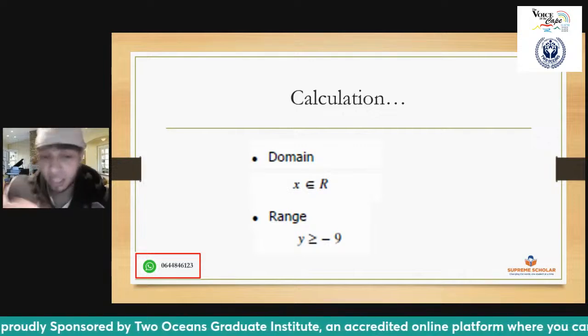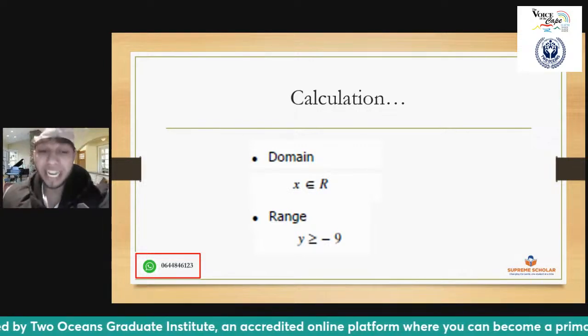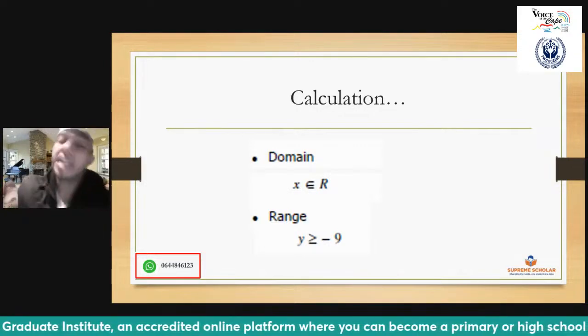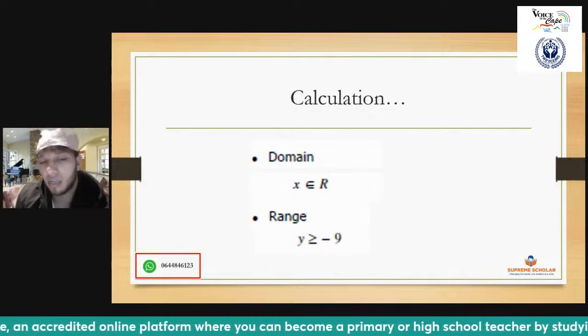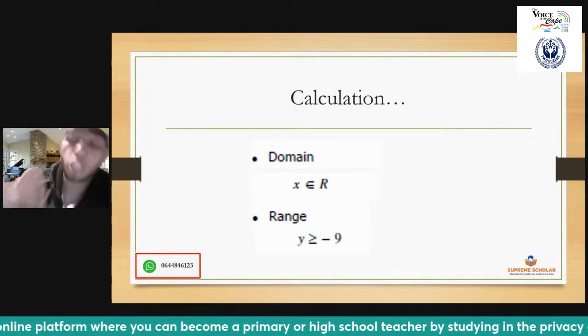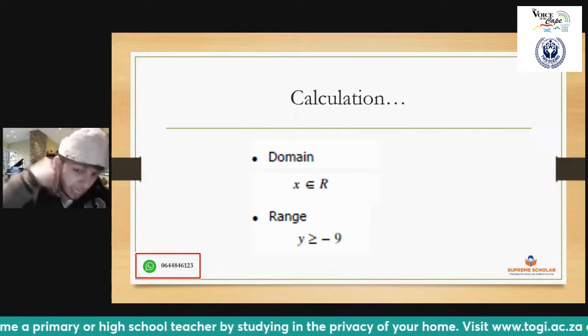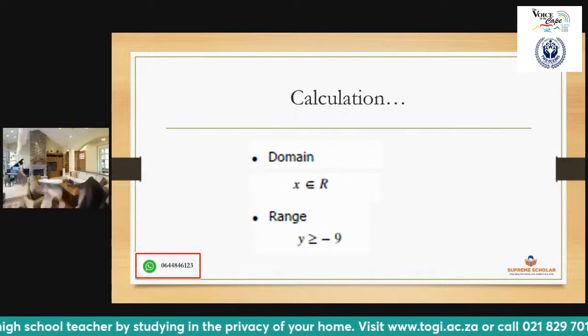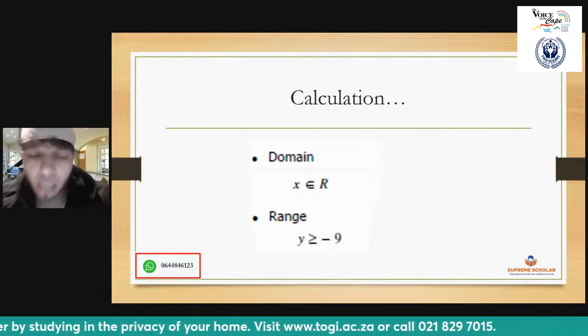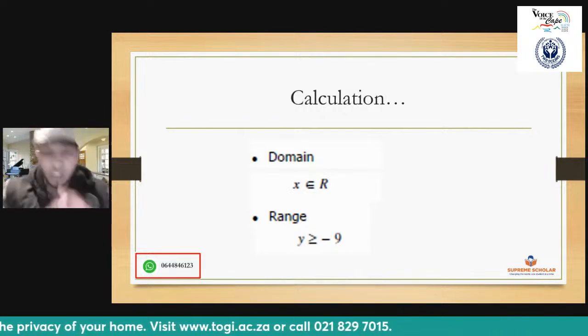So that means the range will be different. The range will be less than and equal to -9, right? Because now the graph is experiencing a maximum, going towards negative infinity as well. So with that being said, that is how we do our range.